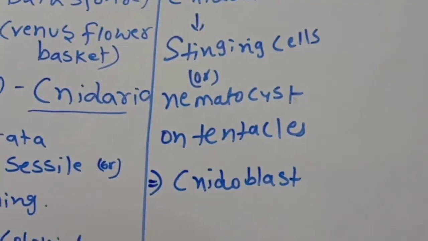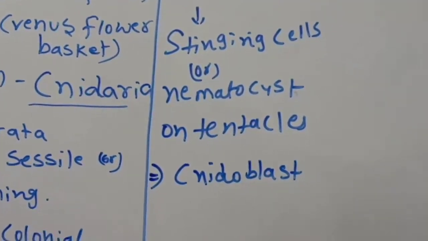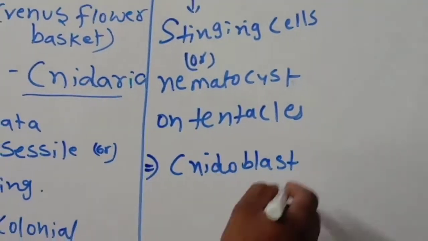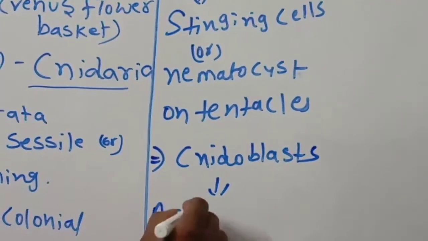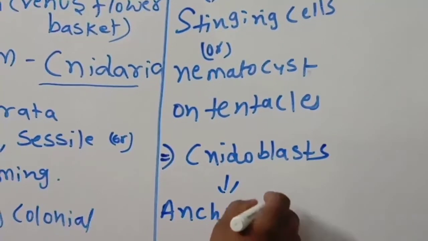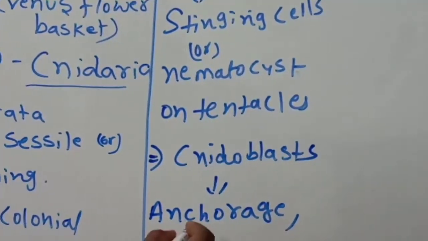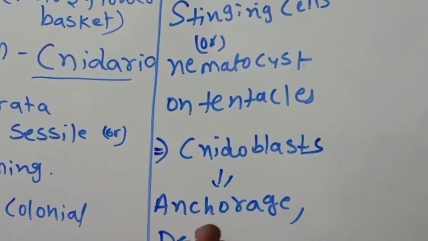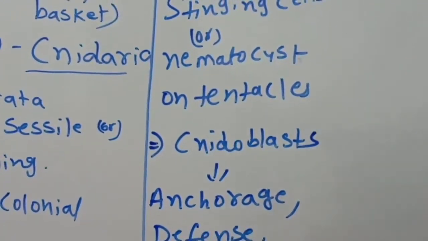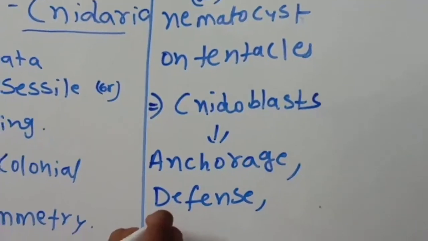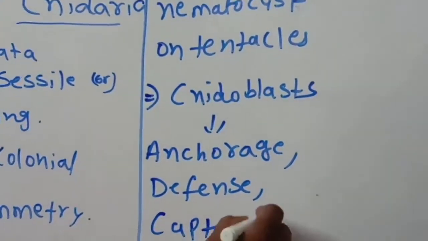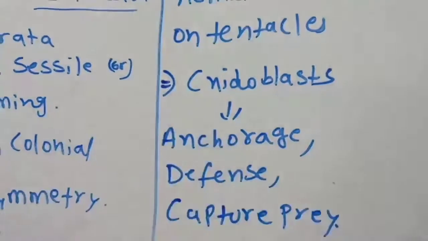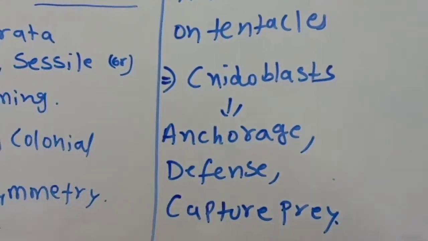Very important. Cnidoblasts are used for anchorage. Number two, defense. Number three, to capture prey. These are very important.